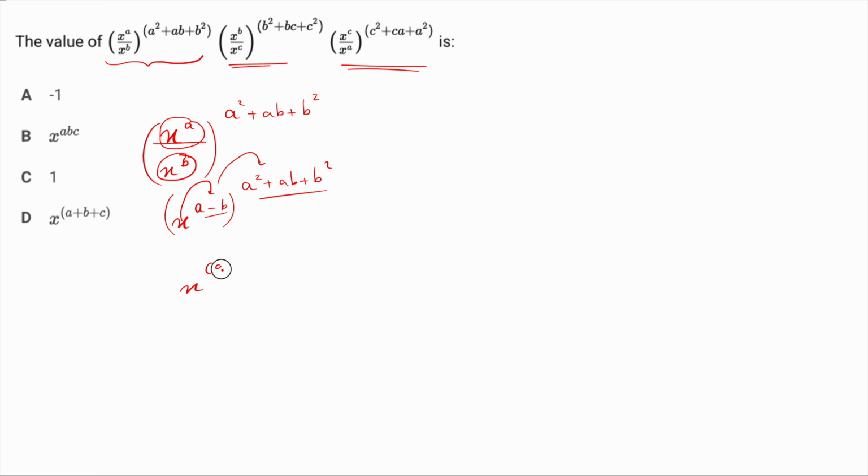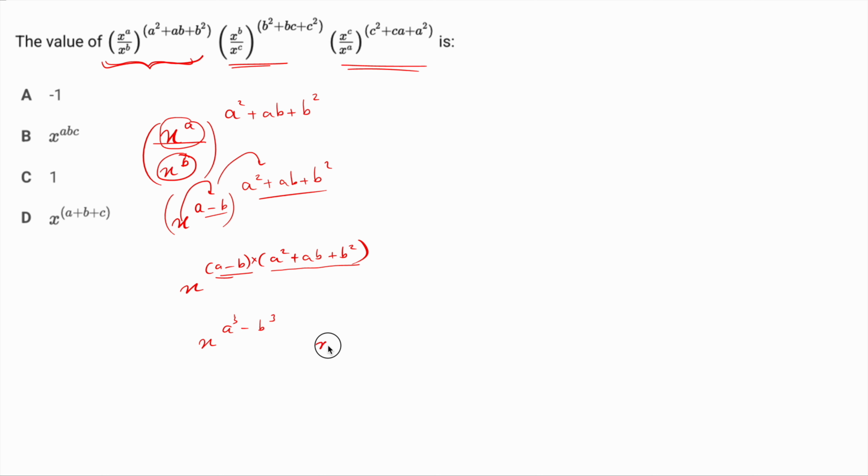So x raised to a minus b into a squared plus ab plus b squared. If you multiply, it's the expansion of a cubed minus b cubed, isn't it? So the entire first term boils down to x raised to a cubed minus b cubed.